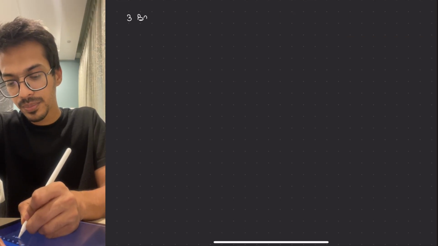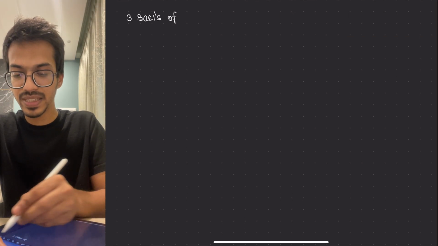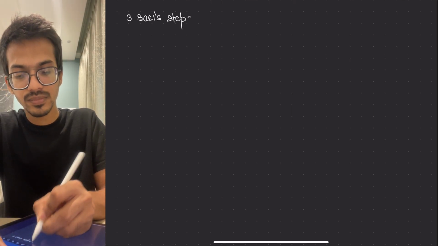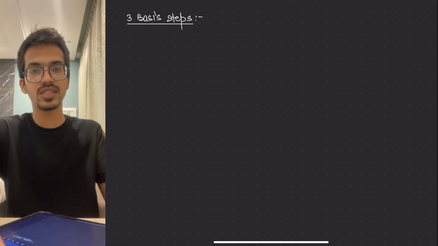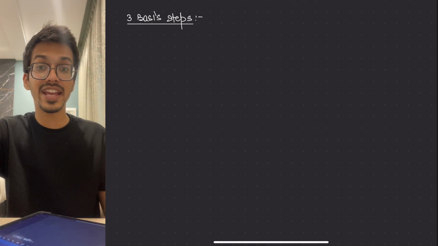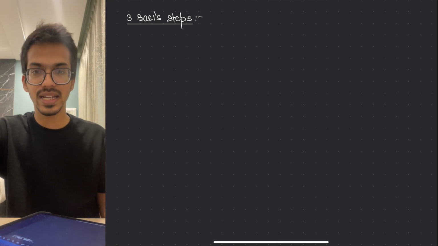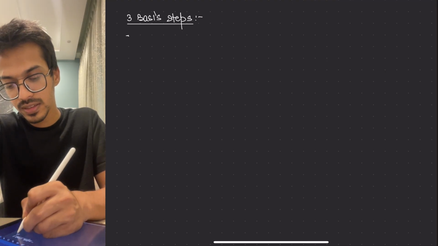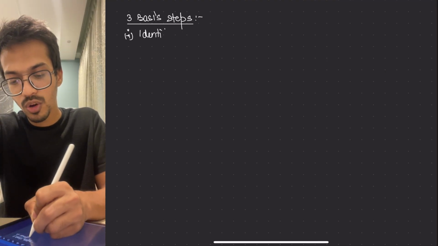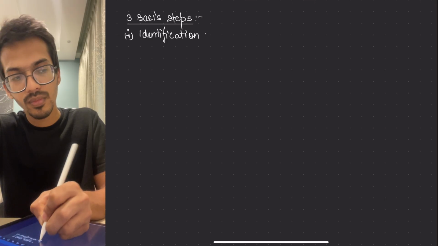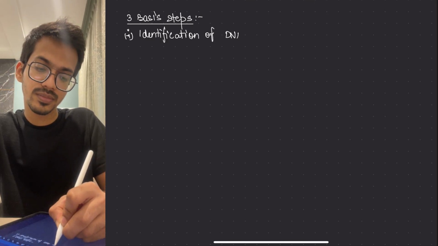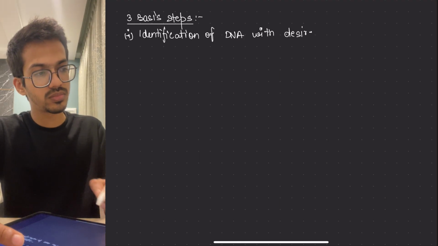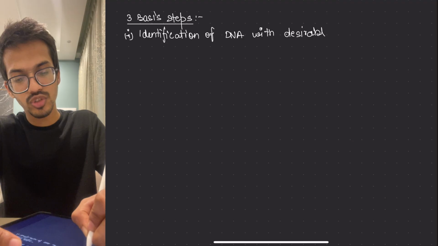Of course, in reality there are multiple steps, but here we are trying to reduce the process into an understandable, digestible format. First is identification of DNA with desirable genes.